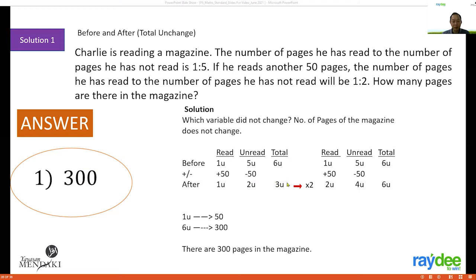But over here, this is 3, so I need to make this 2. To make this 2, the entire row has to be multiplied by 2. Okay, and we get this new ratio here. So you can then deduce that 1 unit equals 50, right? And I want to find 6 units because that's the total number of pages in the magazine.